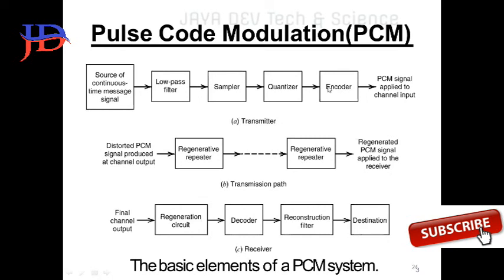The regenerated PCM signal is applied to the receiver, and the output of the channel is given to the input of the receiver, that is the final channel output. Here again a regenerative circuit is there. Then in the transmitter we are encrypting, that is the encoder.